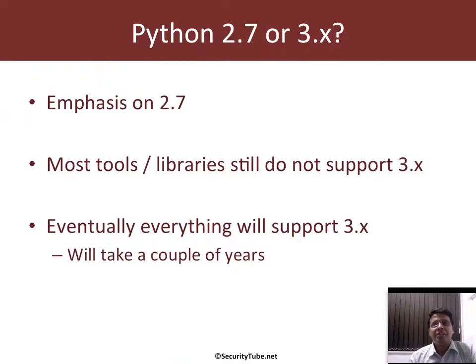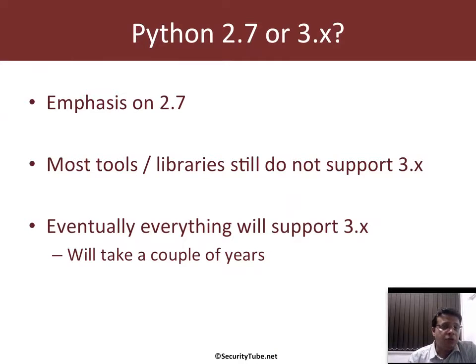Okay, so now the big question, Python 2.7 or 3.x? Now, the thing is 3.x is definitely the present and future. However, almost most of the libraries which we are going to take up in this course do not yet support 3.